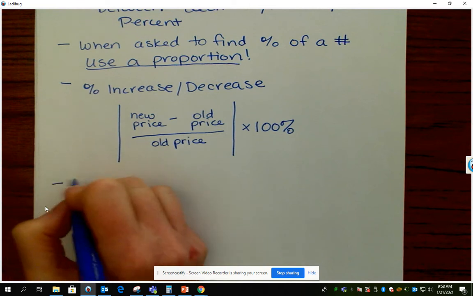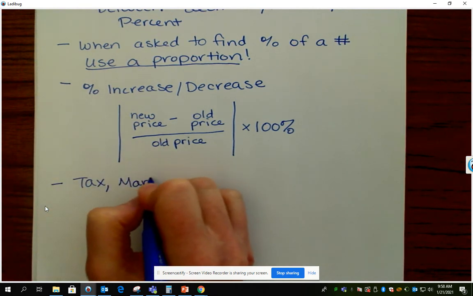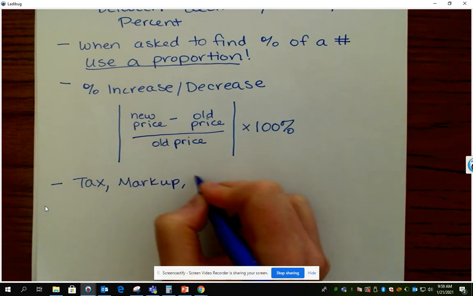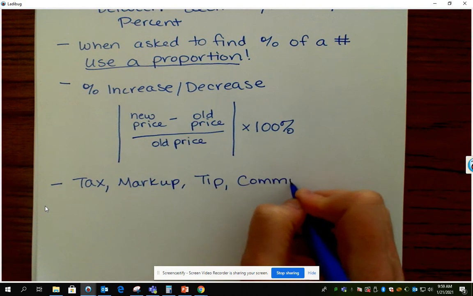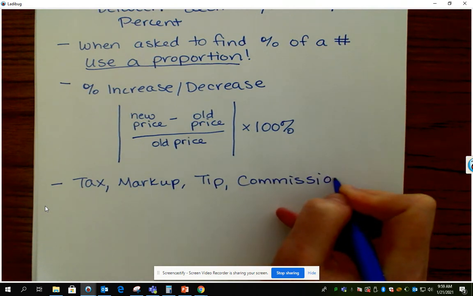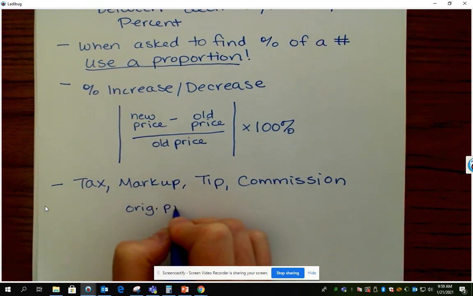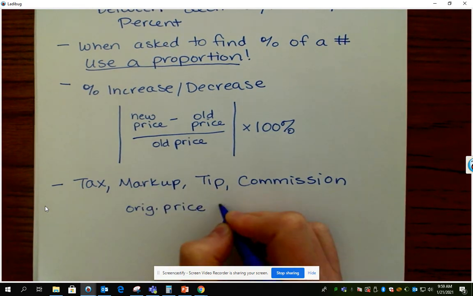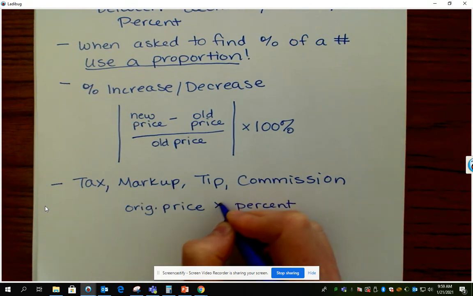Right? Quick reminder, if you're calculating a tax or a markup or tip or commission, all of those are calculated the same way. You're multiplying the original price times the percent and write that percent as a decimal.